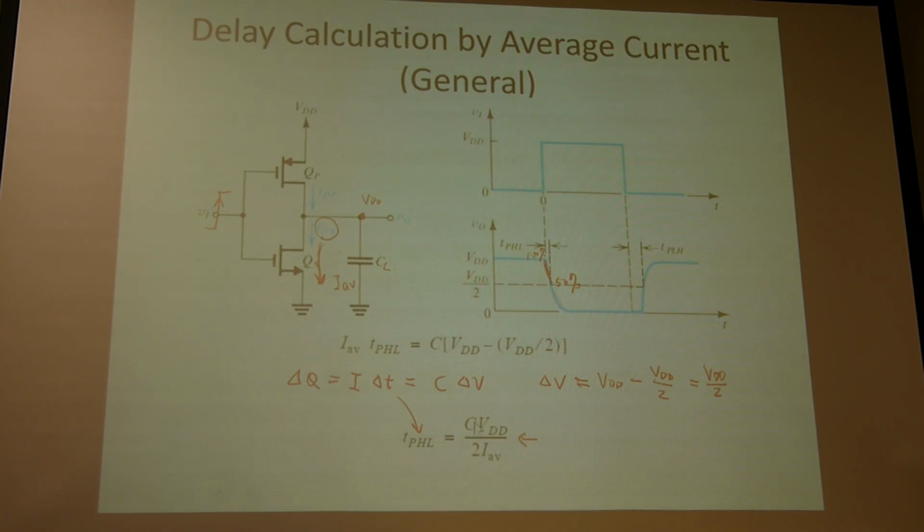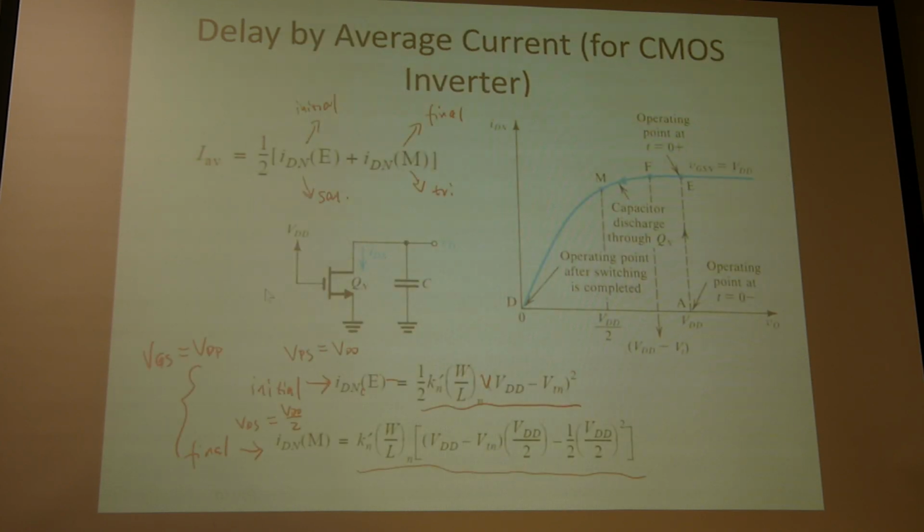So here we know what is C and what is VDD. So the only unknown is this I average. So the average current here we consider is the initial current and final current. So initially, the output voltage is VDD, so the transistor will be in saturation. And then we will have the saturation current as shown in this equation.